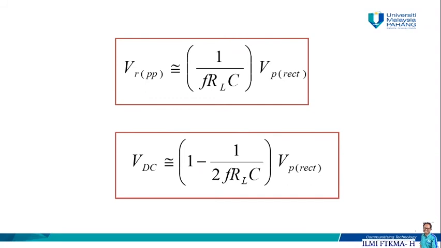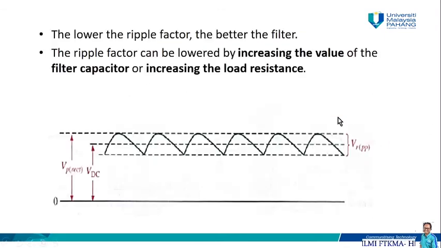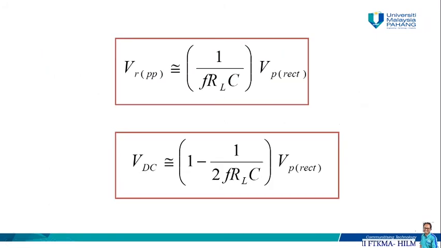For a full wave rectifier with a capacitor input filter, the approximation for the peak to peak ripple voltage VRPP and the DC value of the output voltage VDC is given in this equation. VRPP, the peak to peak ripple voltage, is approximately equal to 1 over frequency times the load resistor times the capacitor, times the peak rectified voltage.